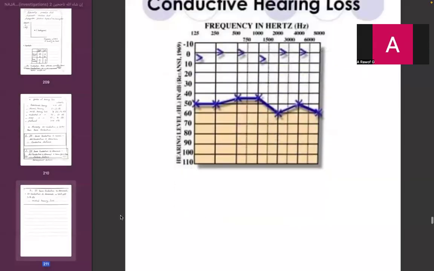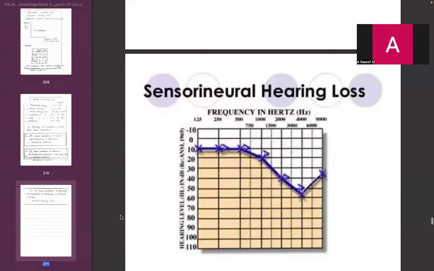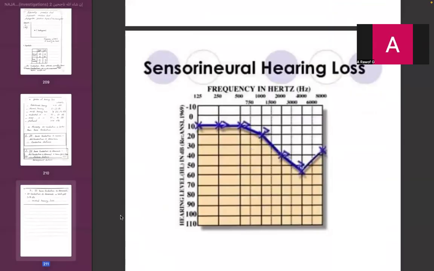Let's go to the next slide. Again, blue means the left ear. Now let's go to the air conduction. Air conduction is at 10 decibels here, and here also 10 decibels. But as the frequency of the sound is increasing, it is going down.